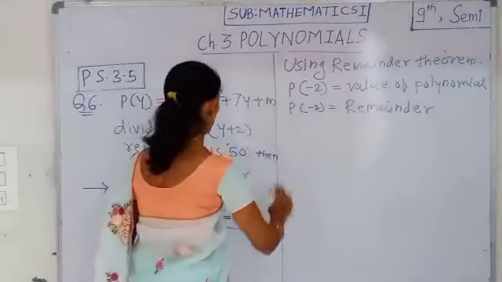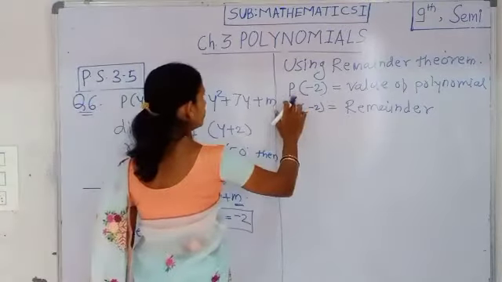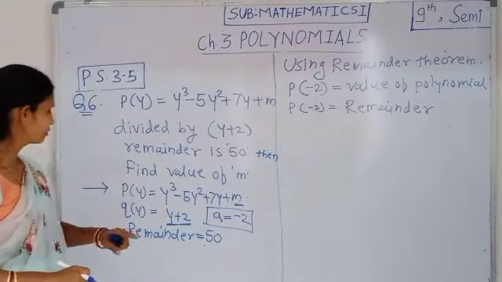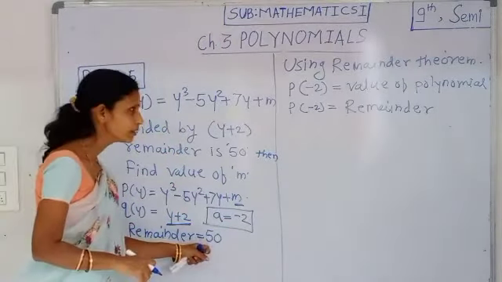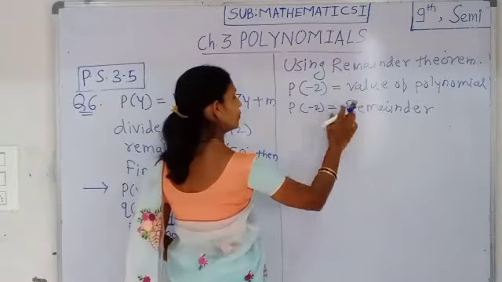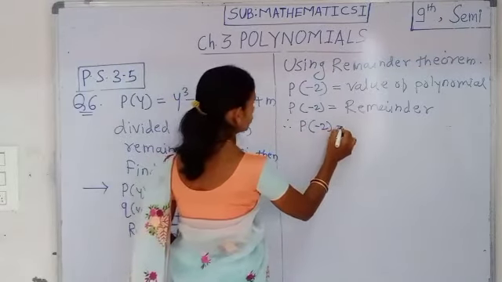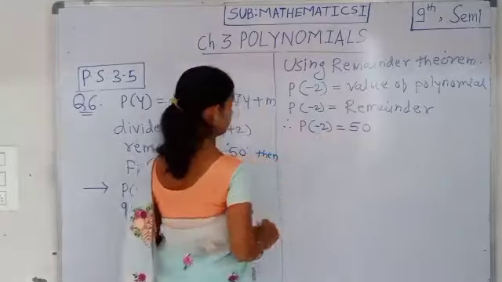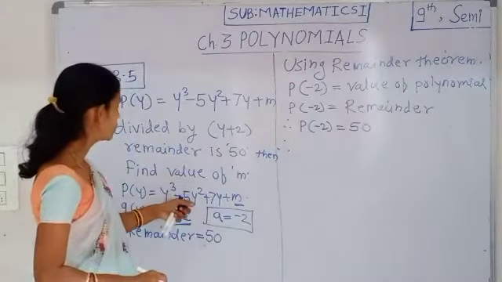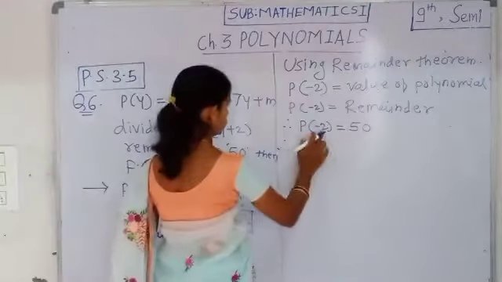Therefore, here we don't know the value of that polynomial p(-2), but here the remainder is given, and therefore p(-2) is the remainder. Therefore, here p(-2) is equal to 50, and therefore we have to find the value of this polynomial for y is equal to minus 2.